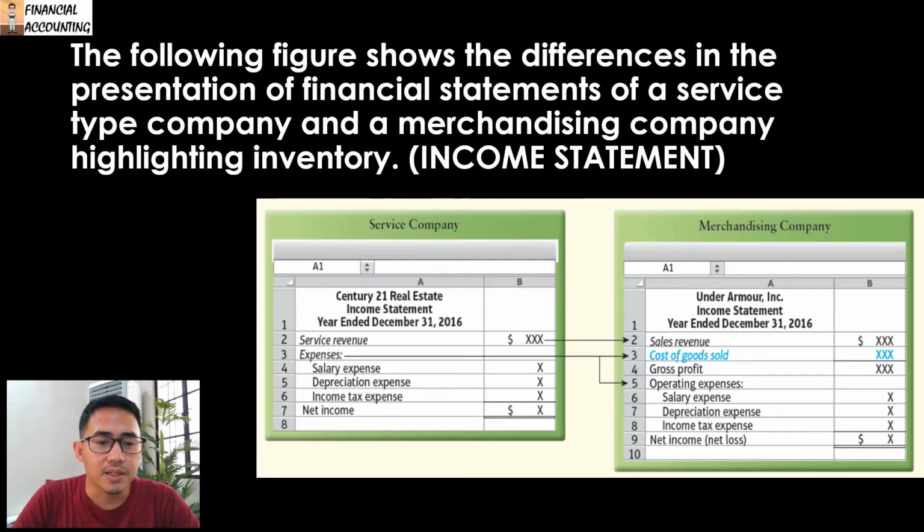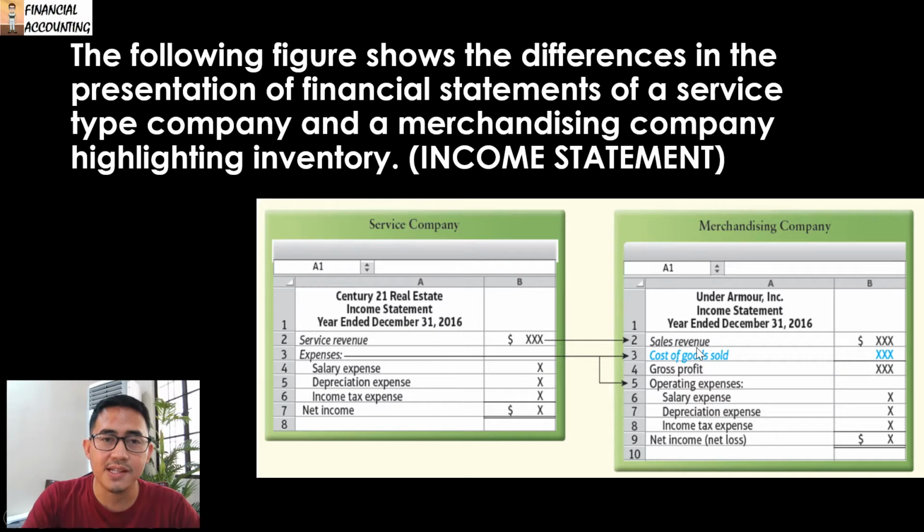In the income statement of a service type company, the first line item is service revenue, then you deduct all expenses, then you arrive at the net income. While in a merchandising type company, you have sales revenue, then you deduct cost of goods sold, and then you arrive at the gross profit. After that, you deduct the operating expenses, and then you arrive at your net income. So the difference here is the presence of cost of goods sold.